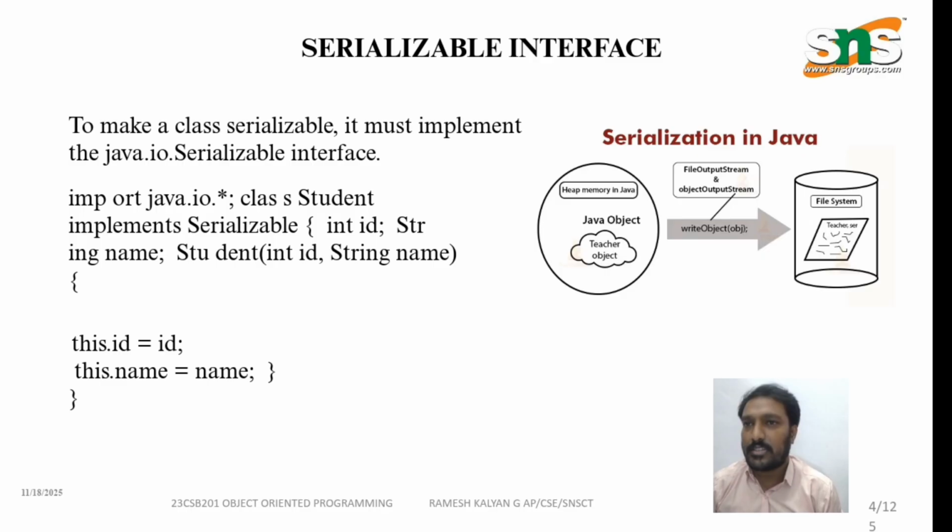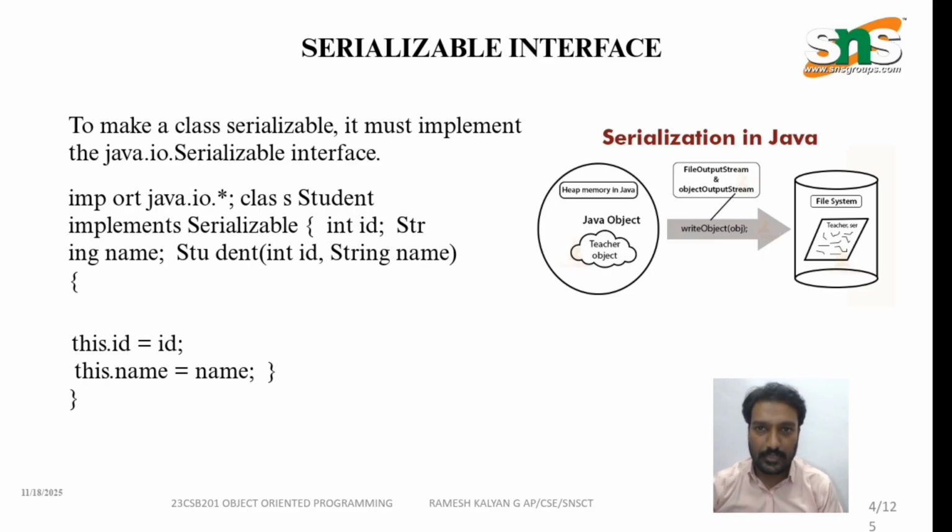In this example, we have a class Student which implements Serializable. It has an integer id and a string name. The constructor takes int id and string name, so this.id is equal to id and this.name is equal to name.